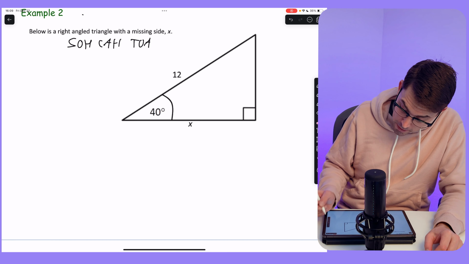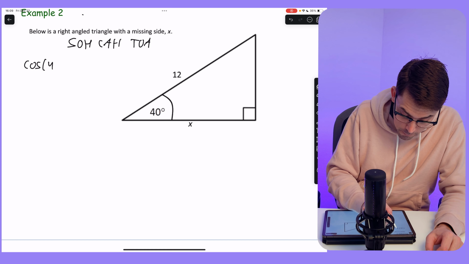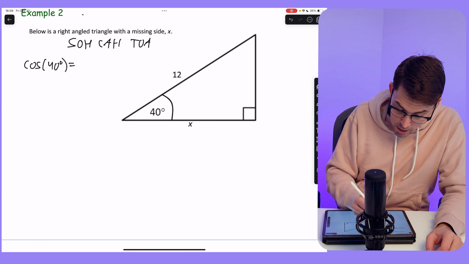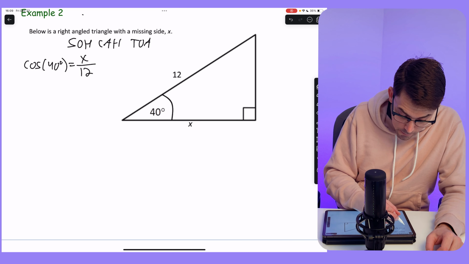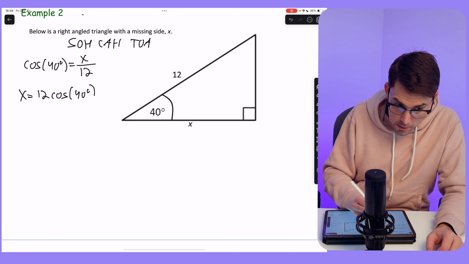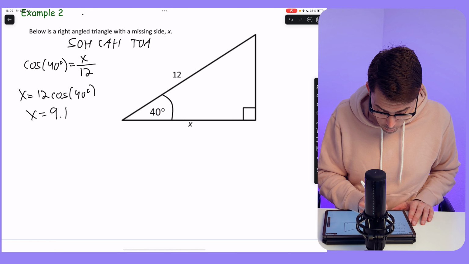We can see clearly that that is cosine. So I'm going to have the cosine of 40 degrees is equal to my adjacent, which in this case is x, all over my hypotenuse, which is 12. So x is going to be equal to 12 times the cosine of 40 degrees. And what is that going to be? x is going to be equal to 9.19.